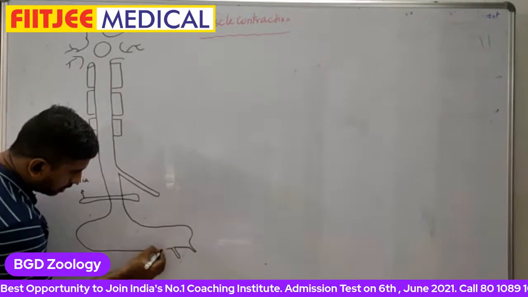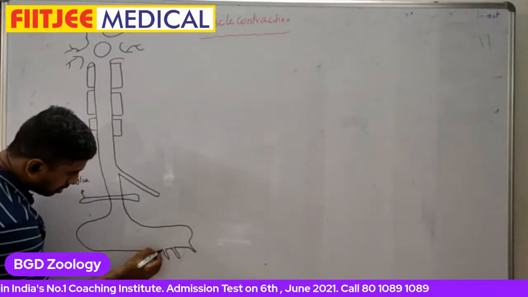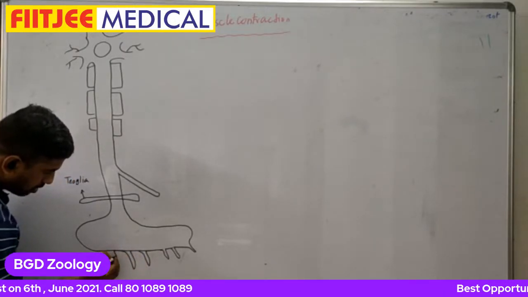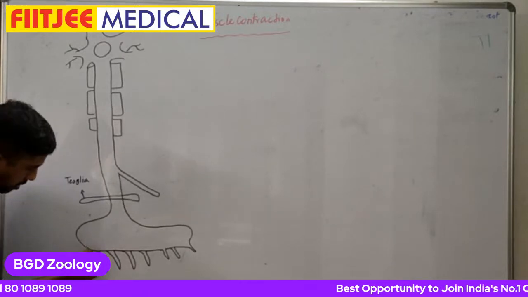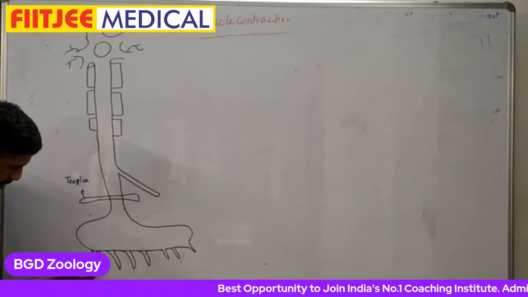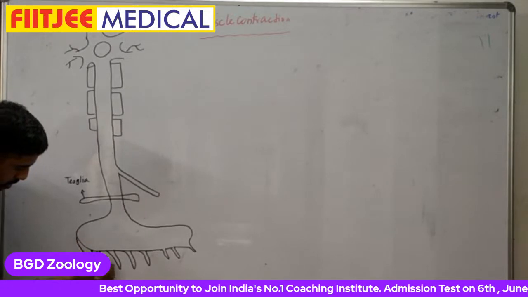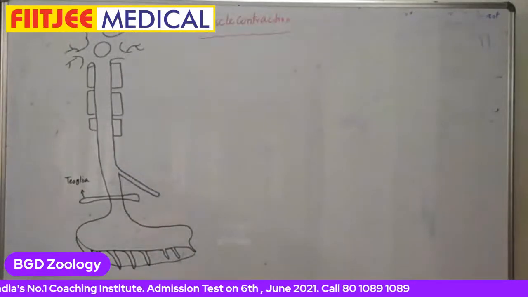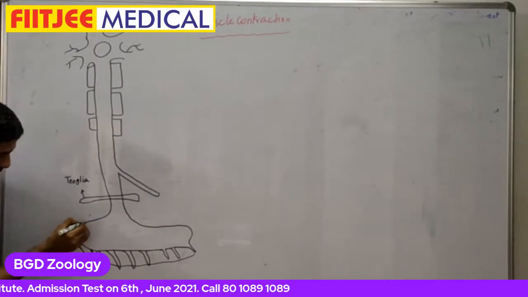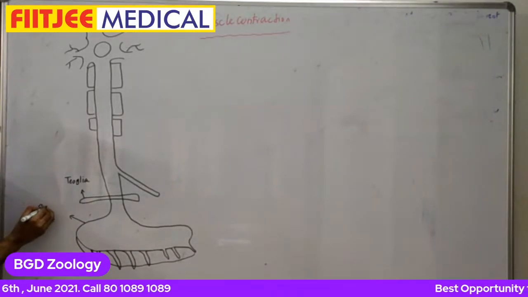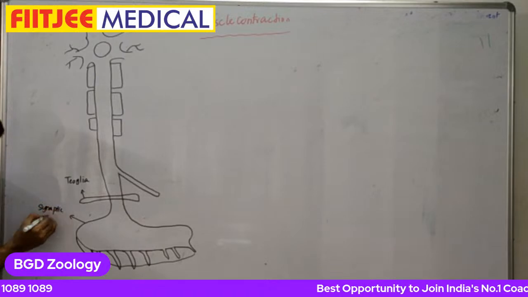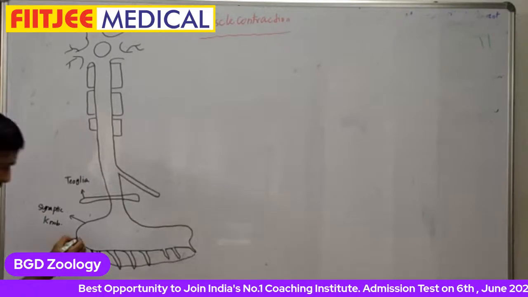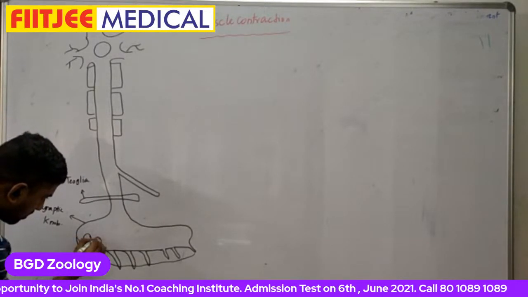You can see some kind of invagination here. Right. So this region is called the synaptic knob. Inside the synaptic knob, you can see so many vesicles.